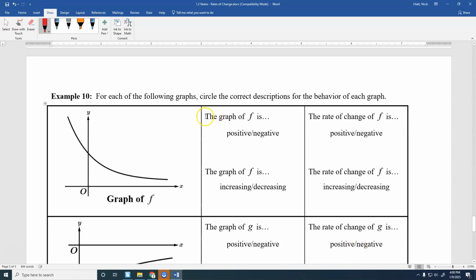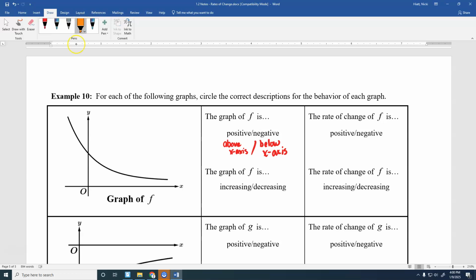So if I'm asked about the graph of f being positive or negative, this is asking me if it's above the x-axis or below the x-axis. To say a function is positive, the function itself is positive, is to say that it lies above the x-axis, or to say that it's negative says that it is below the x-axis.